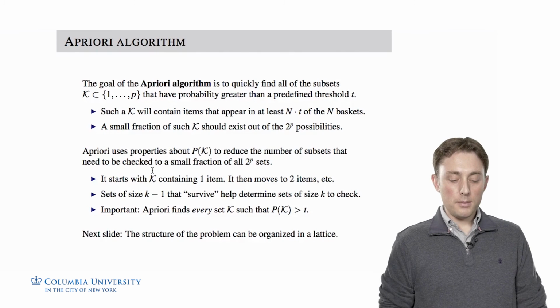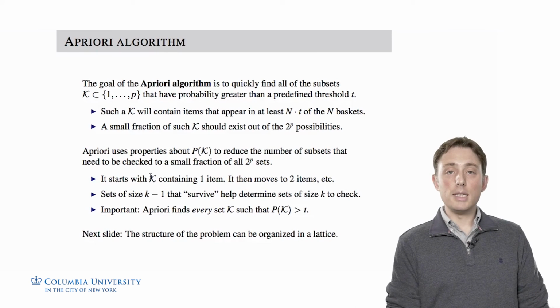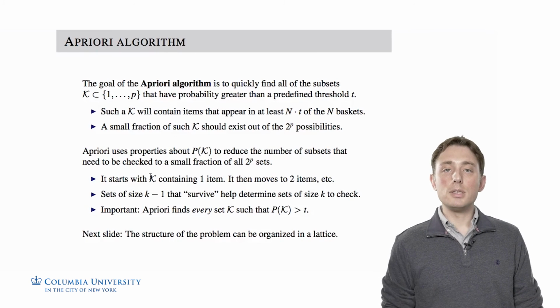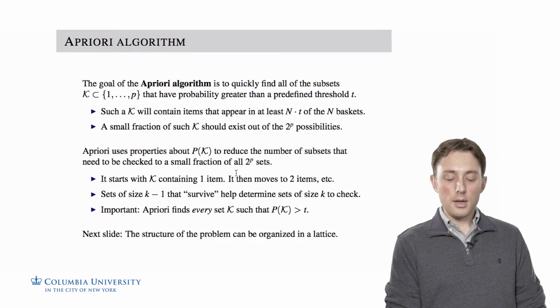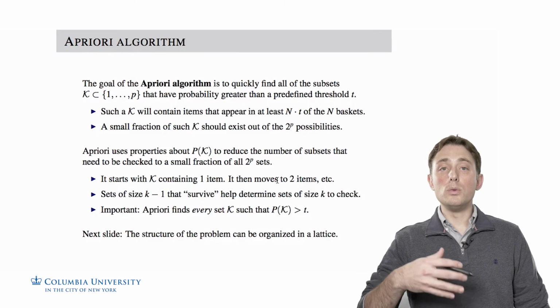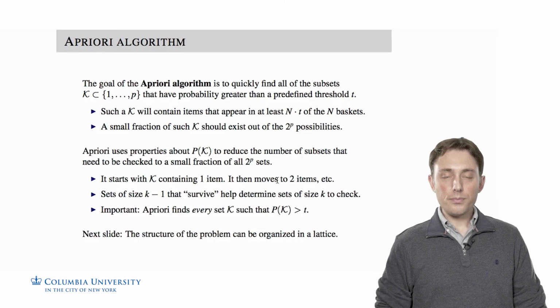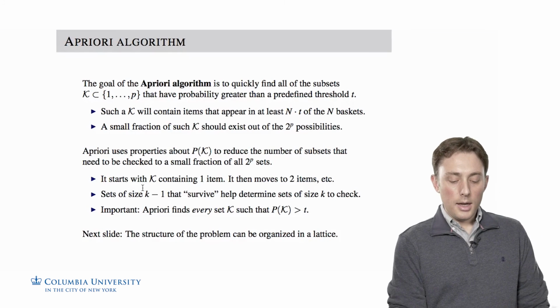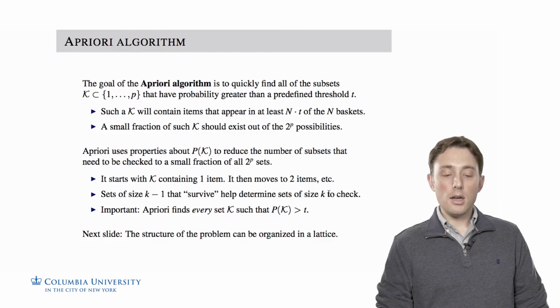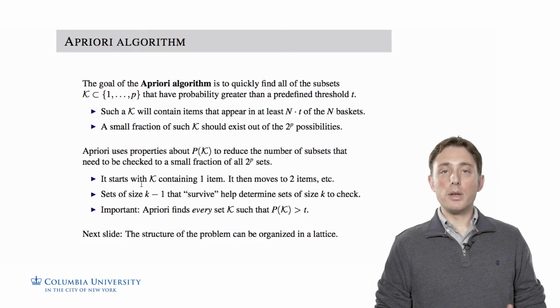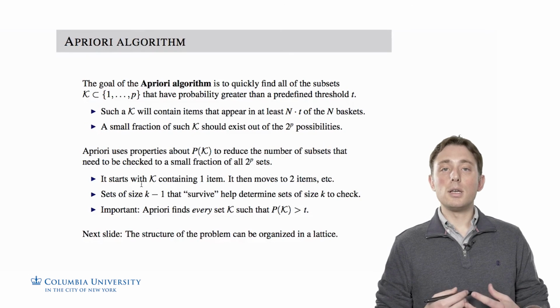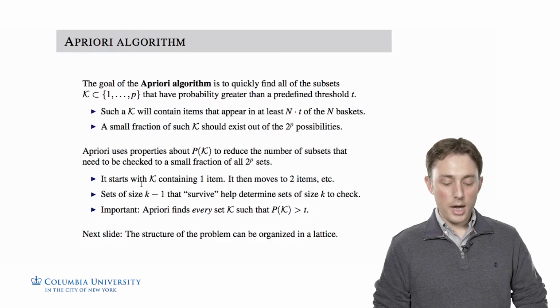It's going to start by constructing all subsets of size 1. It's going to first check every single subset of size 1. It's then going to have some subsets surviving, some not surviving, and then based on that it's going to move on to subsets of size 2, and so on. When we're at subsets of size k, only the subsets of size k minus 1 that survived this process are going to factor in when constructing subsets of size k to check.